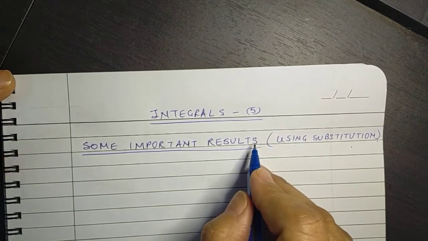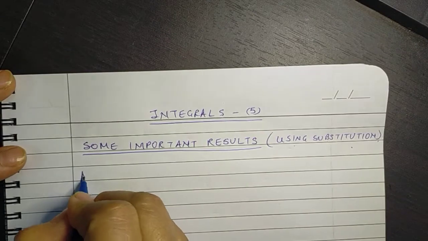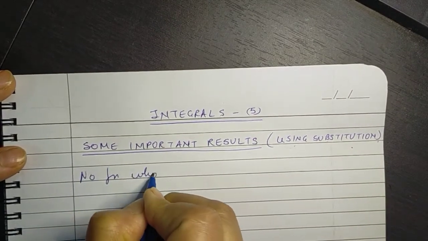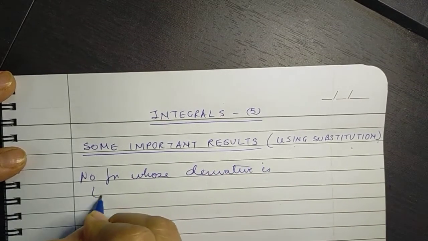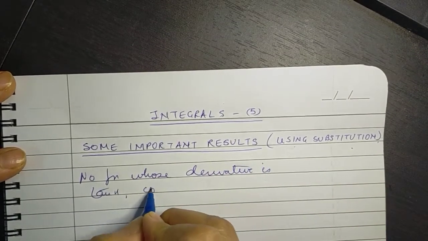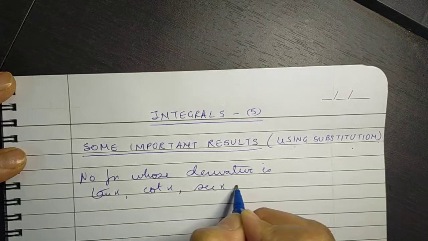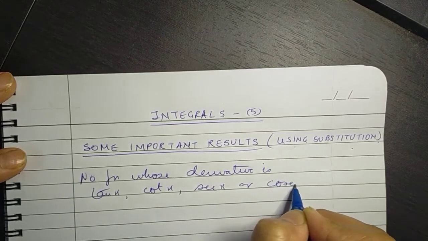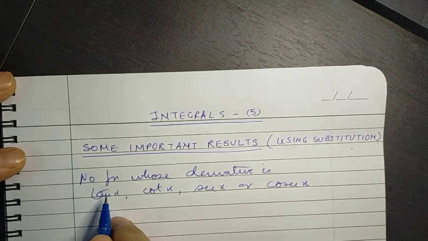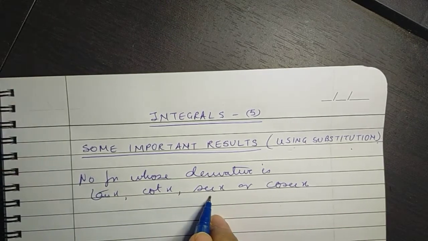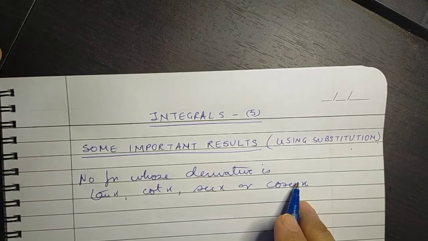But since there is no function whose derivative is either tan x or cot x or sec x or cosec x, we could not find the integral of tan x or cot x or sec x or cosec x.